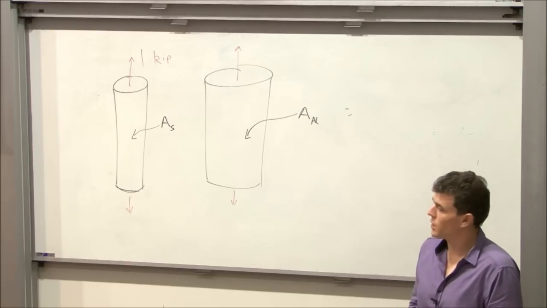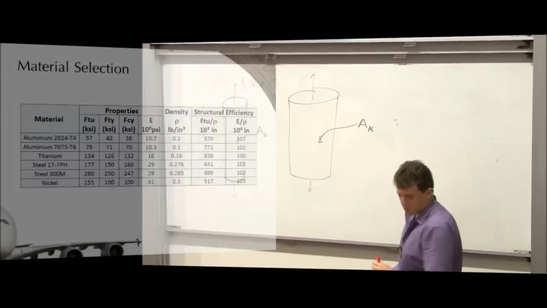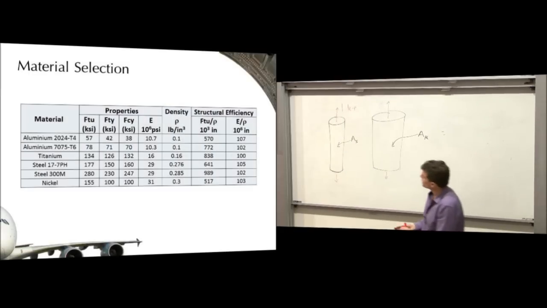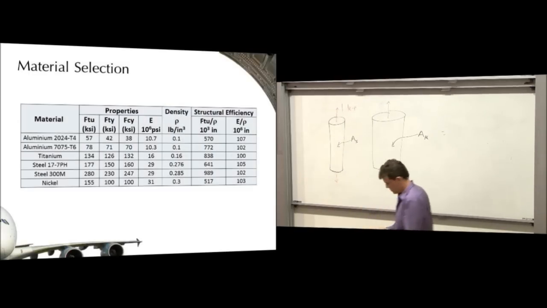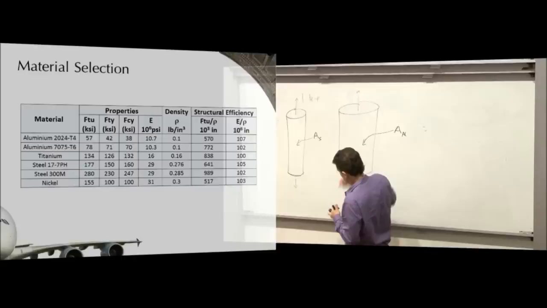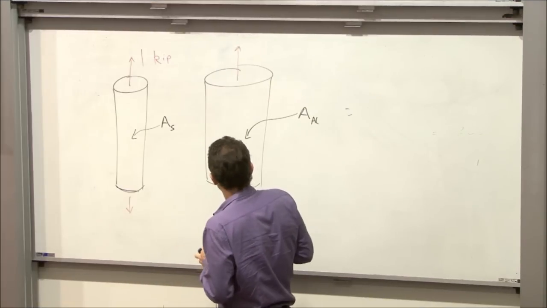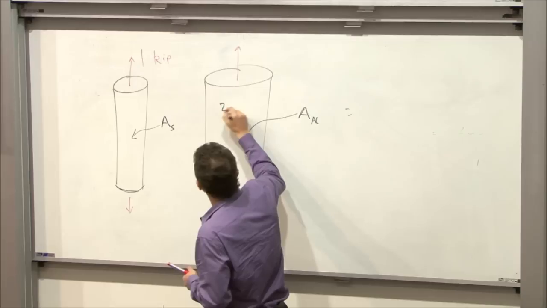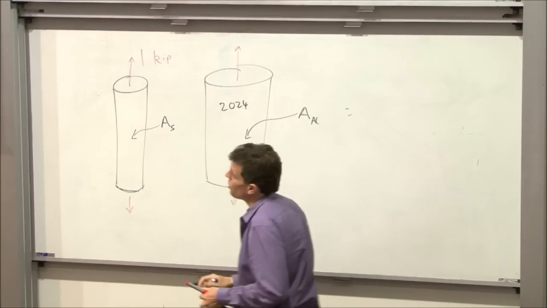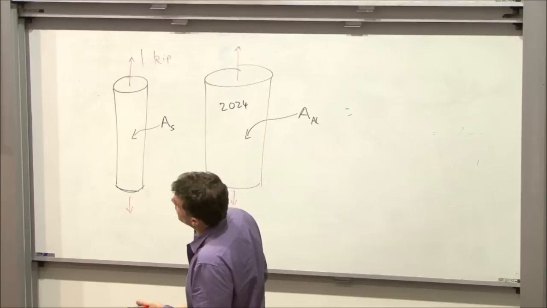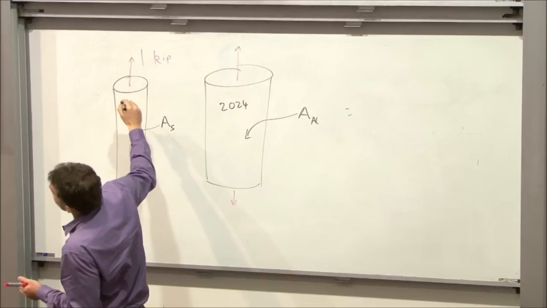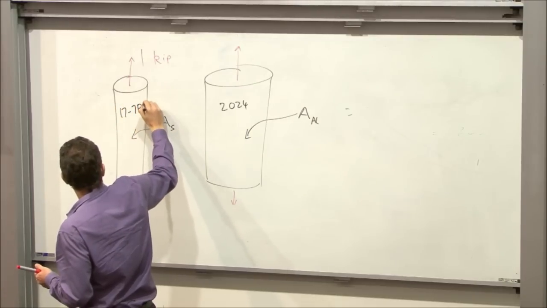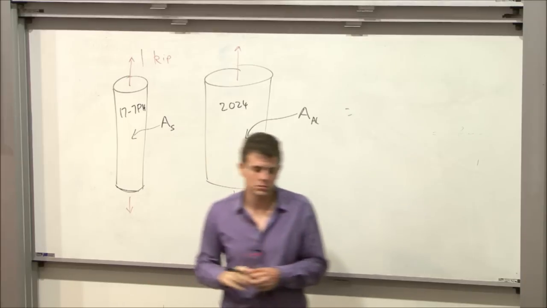So how would we do that? We've got the yield stress of the material here, so we'll call this bar aluminium 2024, and we'll call the steel 17-7PH, which is just a particular type of steel.